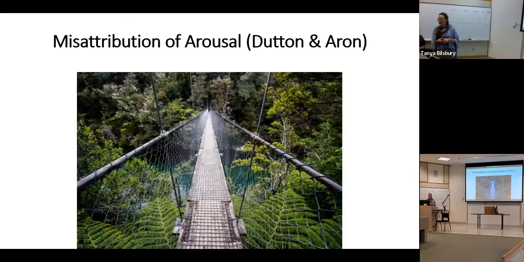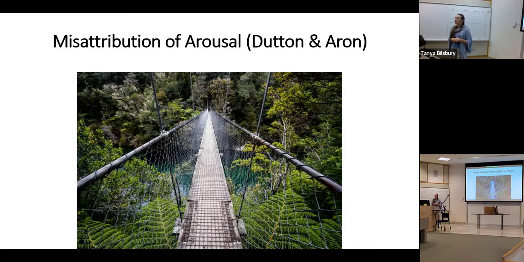There's a study by Dutton and Aron on the misattribution of arousal. What they did is they had a confederate, a young woman, approach men and ask them if they wanted to participate in a research study, in which case she'd have to get their number. After this, I believe the researchers asked the men whether they found the woman attractive, and they could also count how many times she got their numbers.